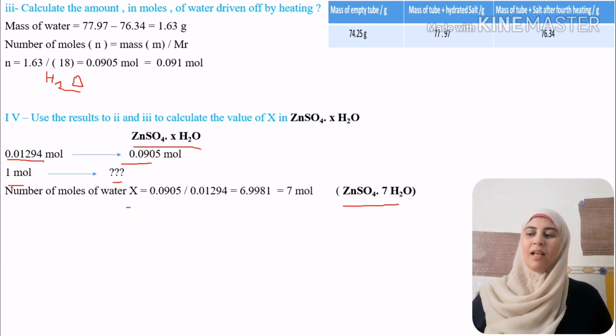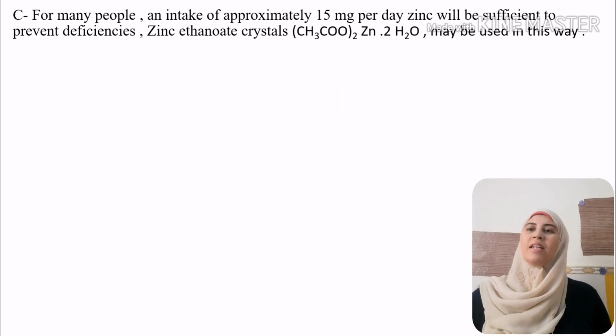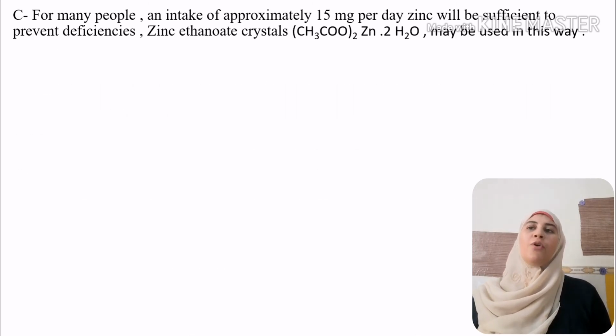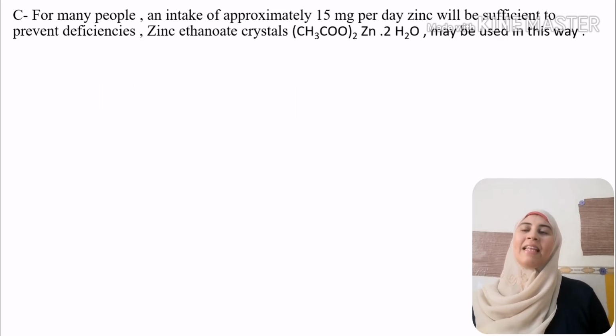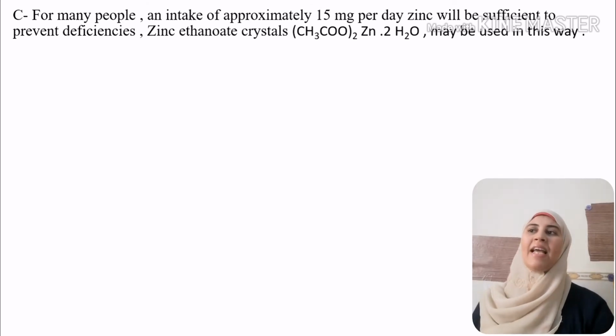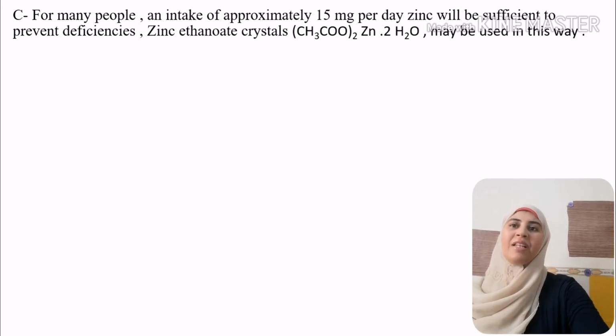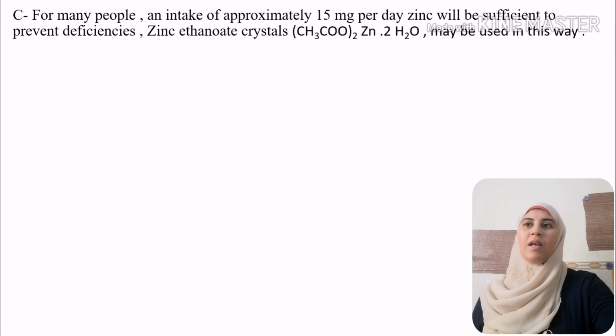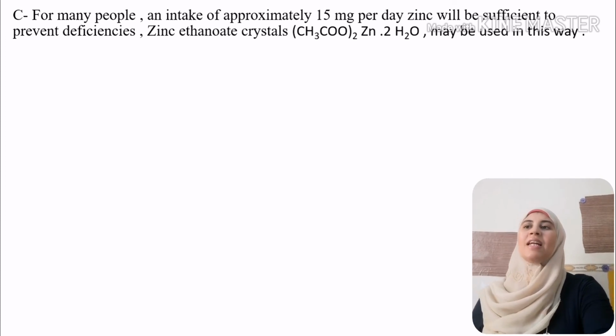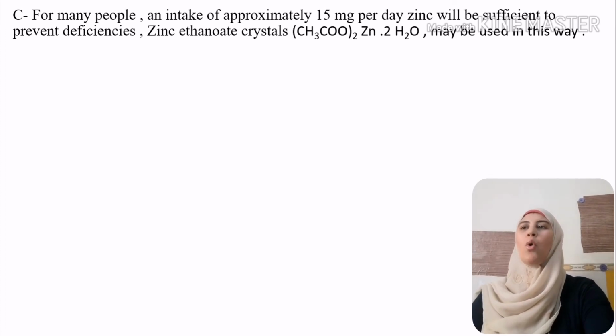Okay. Let's transfer to the next question. For many people, an intake of approximately 15 mg per day of zinc will be sufficient to prevent deficiencies. Zinc ethanoate crystals, (CH3COO)2Zn·2H2O, may be used in this way.